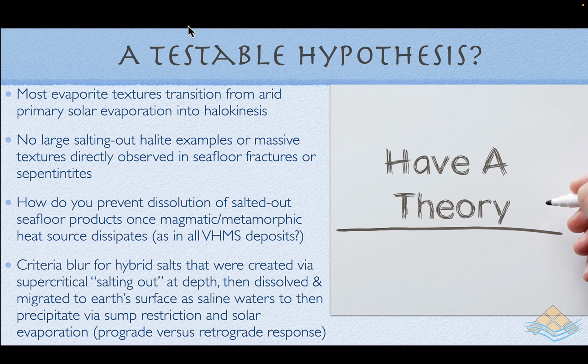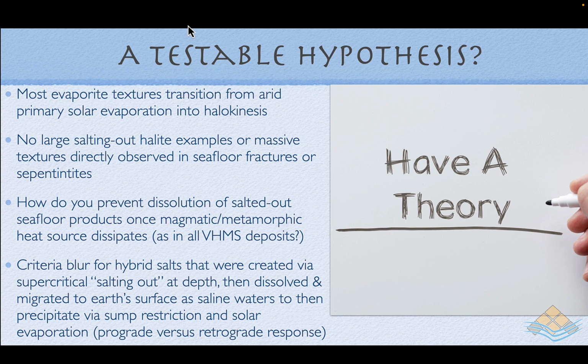If we step back and say, well, can this be a significant testable hypothesis? Well, certainly the criteria blur for the hybrid salts that were created by supercritical salting at depth in fractures, in vugs, not as depositional systems on the floor of the ocean.